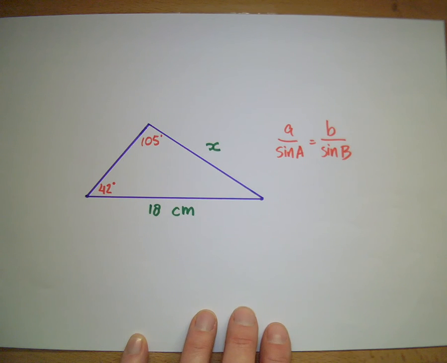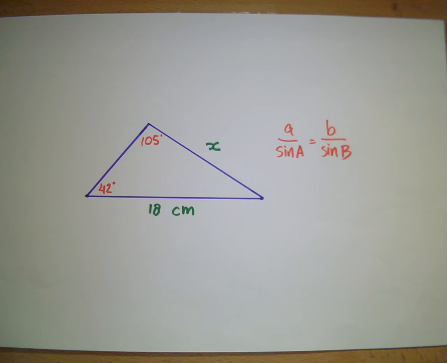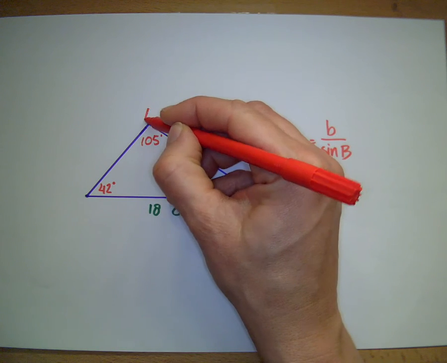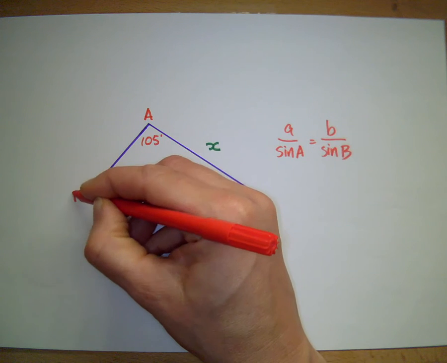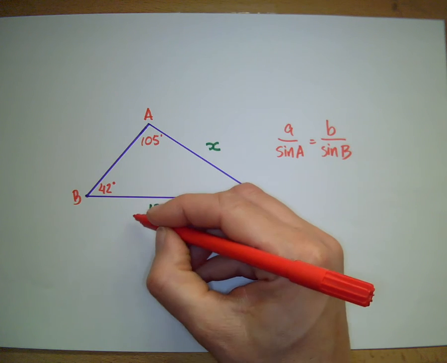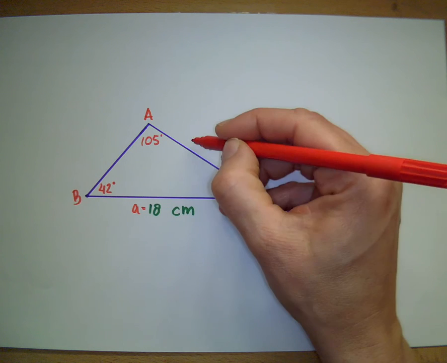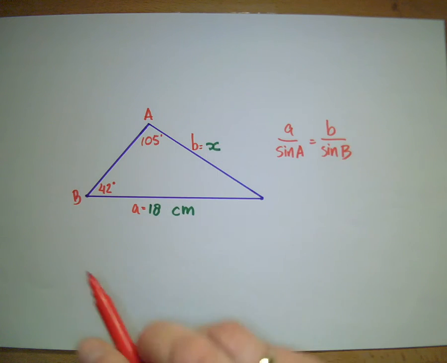Of course, we're free to label any angle as A or B, as long as we call the opposite side the corresponding letter. All right.